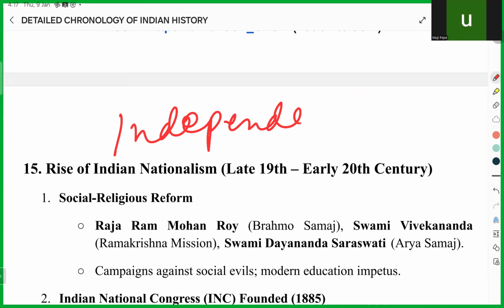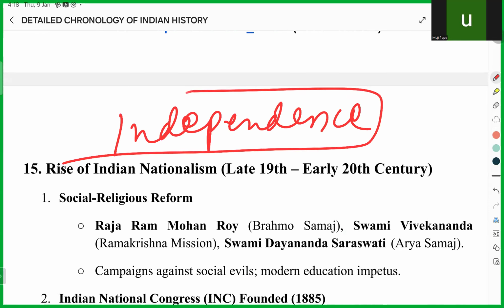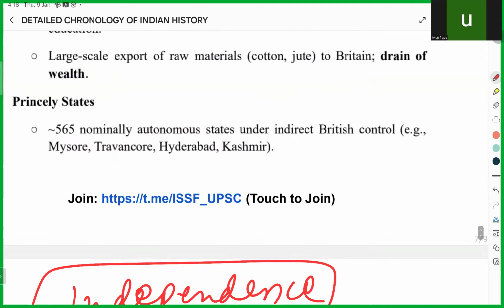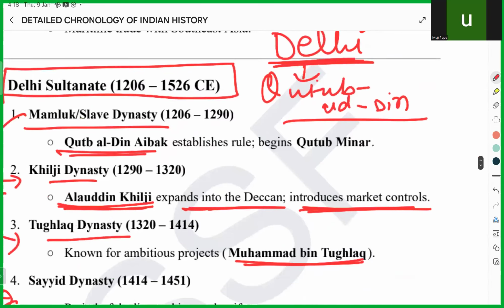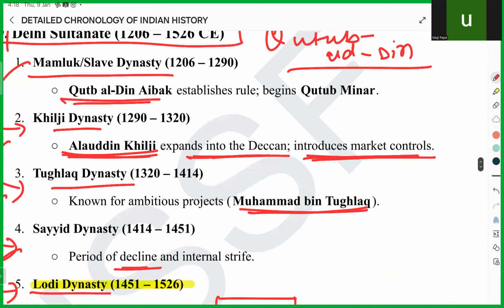So this is the whole chronology. Now what is there in this, I told you one thing, contemporary periods are also there. North and South India were having different empires at different times or at the same time.